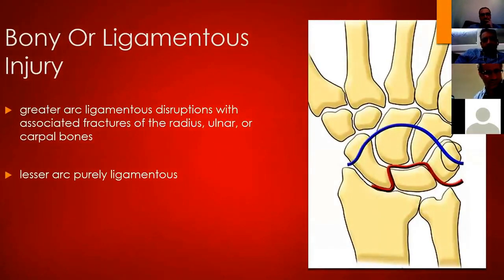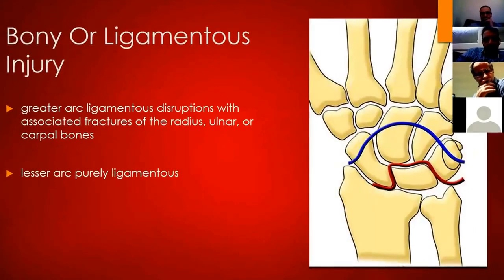The injuries are divided, as I told you earlier, into the greater arc injuries, which are represented by the blue line here and involve fractures, and the lesser arc, which is a purely ligamentous injury, shown by the red line.